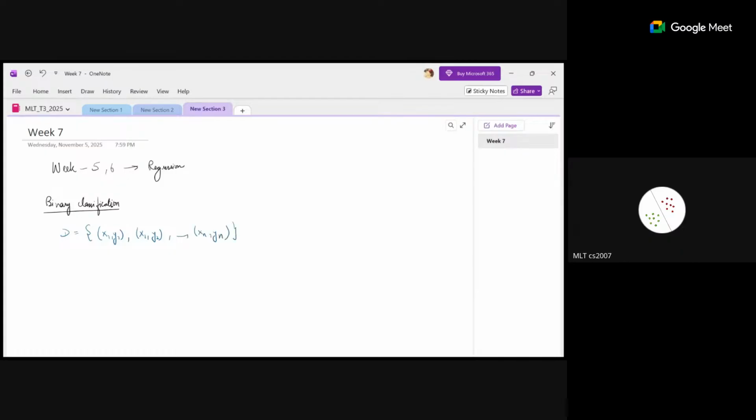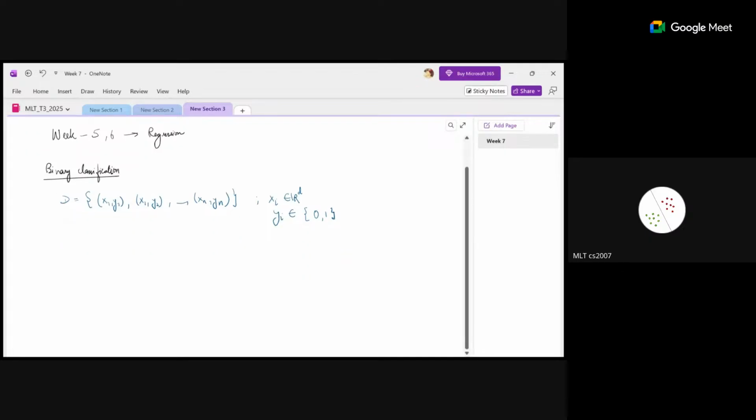Here we don't have just the xi's, we also have the yi's along with them, which are the labels. My xi's belong to R^d, which are features, and yi's belong to some classes. Since we're talking about binary classification, it is going to have only two classes, 0 and 1. So my yi's belong to only these two: either it is in class 0 or it is in class 1. This is how my data set looks like.